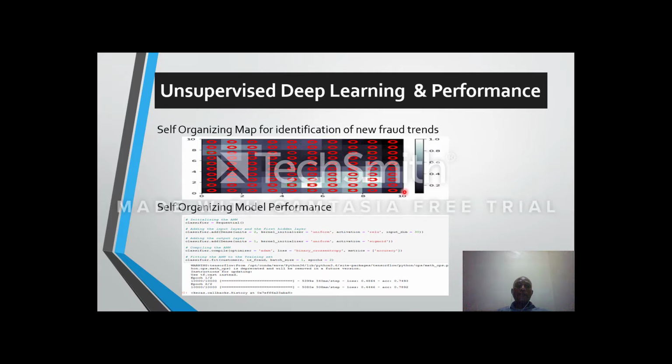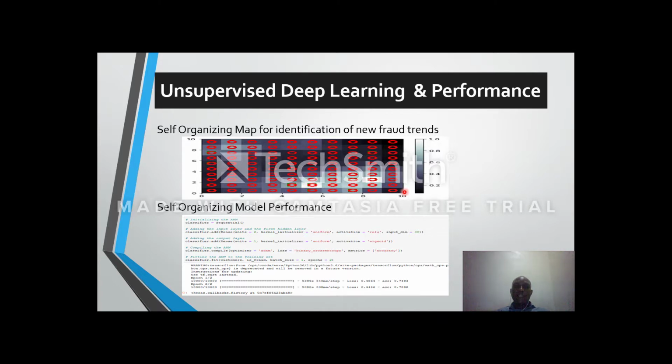Self-organizing map uses several artificial neural networks to arrive at picking new trends within a data set, picking new clusters within a data set.